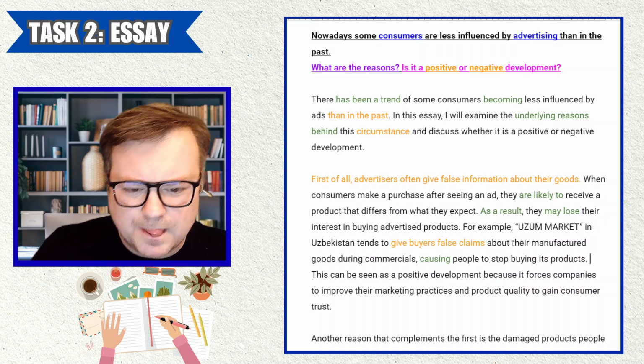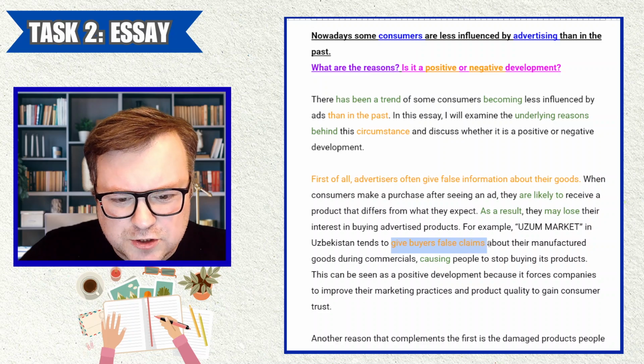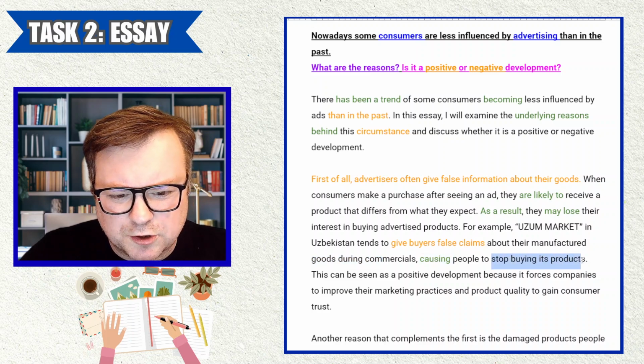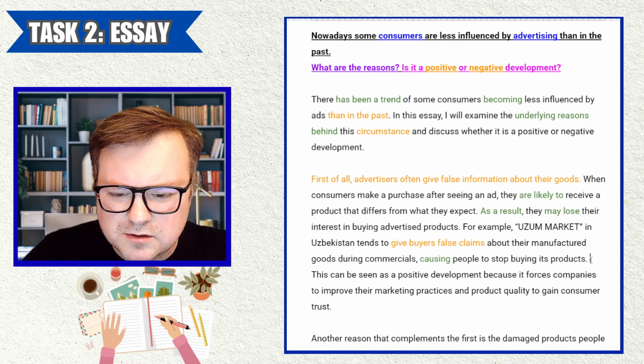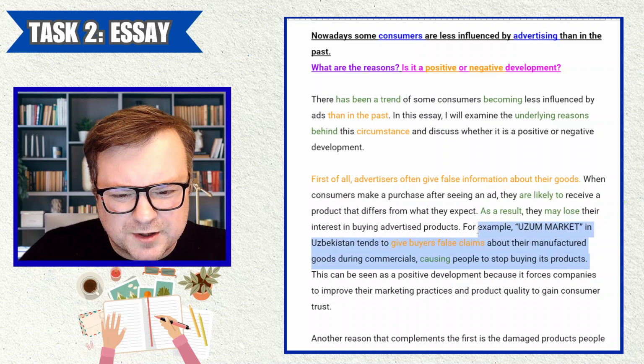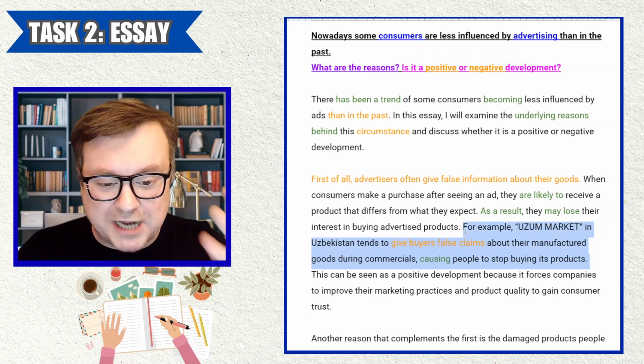Hold on. So Uzum market in Uzbekistan tends to give buyers false claims about their manufactured goods, and that causes people to stop buying its products. Again, I'm not wholly informed there. I don't know if this example is objectively persuasive.